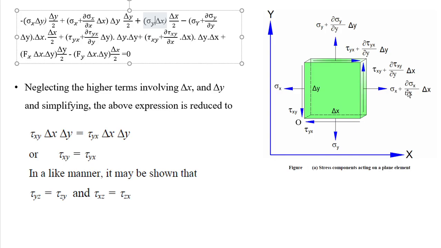This stress is acting at the height of δy, the area is δy into 1, and this stress gives the force. This force is acting at a distance of δy/2.